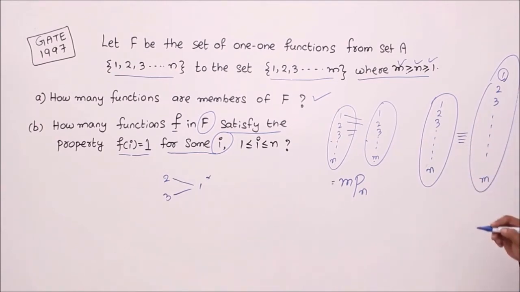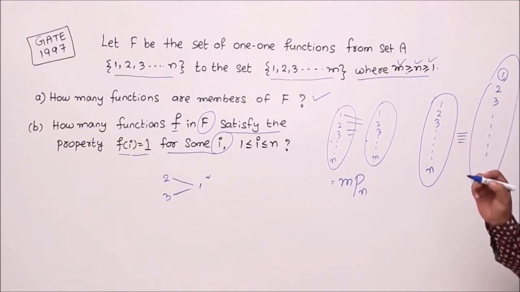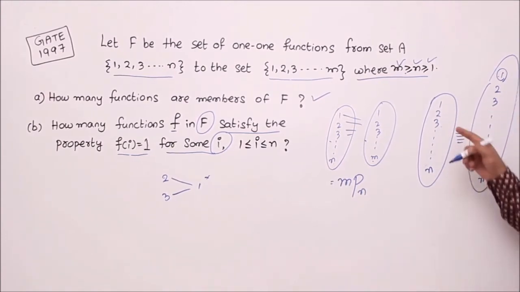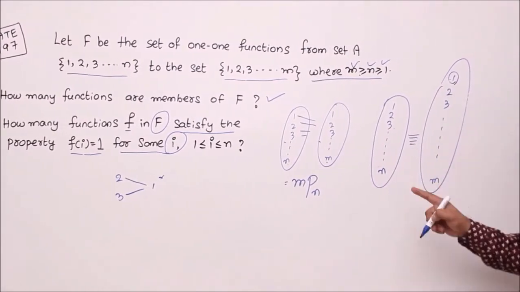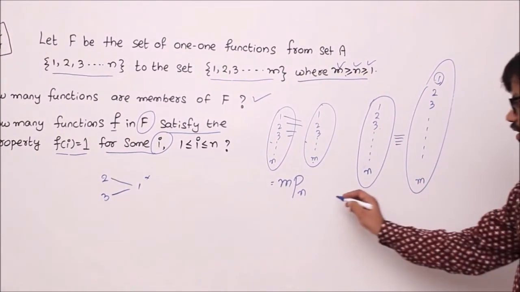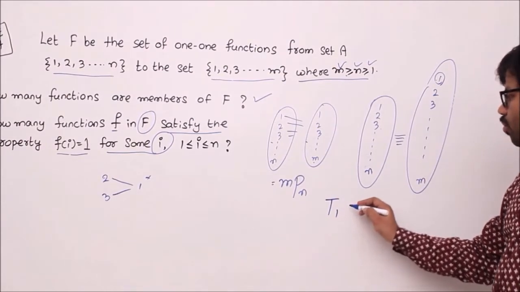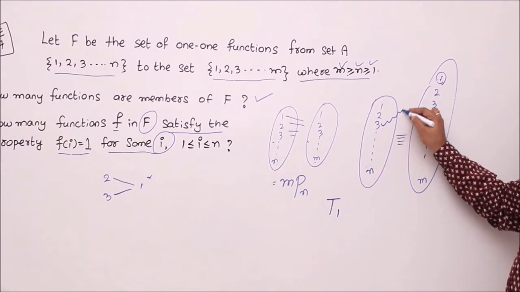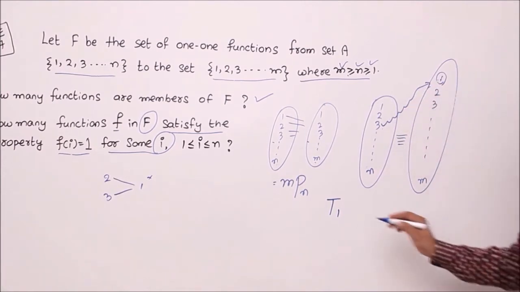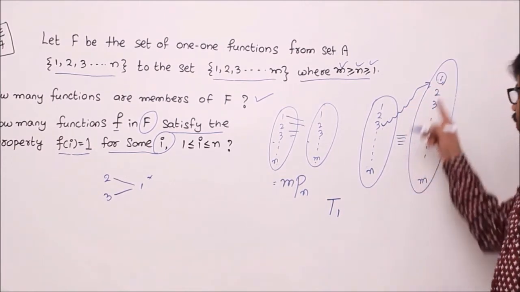There are two tasks. One is, first I map 1 with one element. I already told you that multiple elements cannot map to 1. Only one element should map. So that is task number 1: map 1 to some element, like 3 to 1 or 2 to 1, something. That is task number 1, mapping 1.